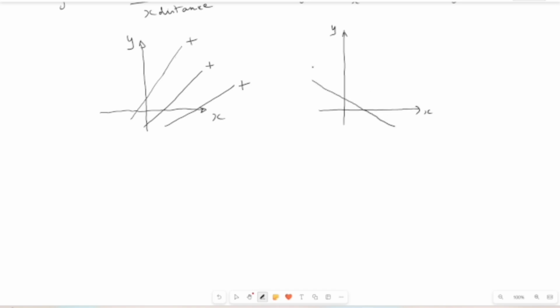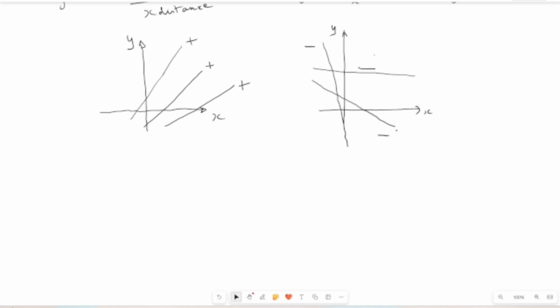So these are all negative slopes, because as you move to the right, you're going down.